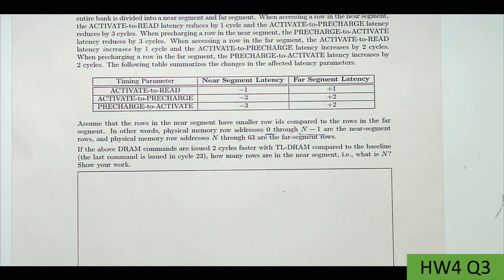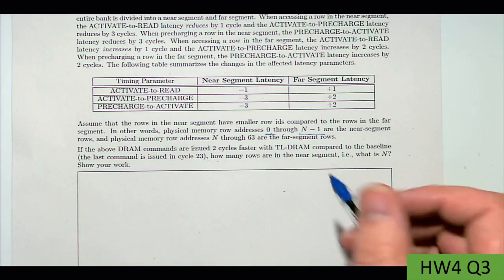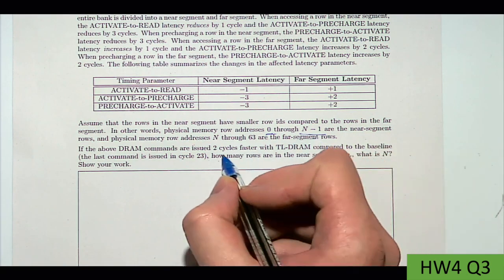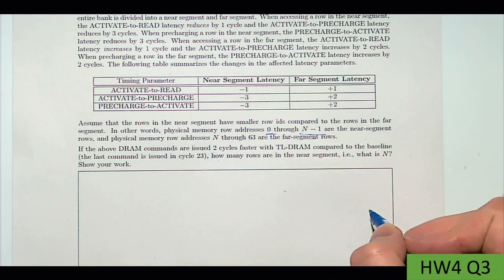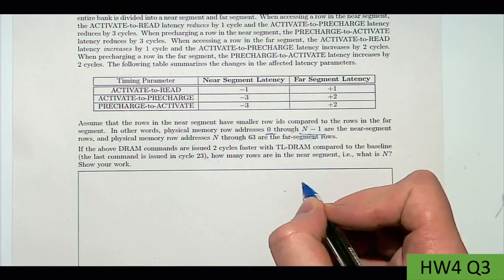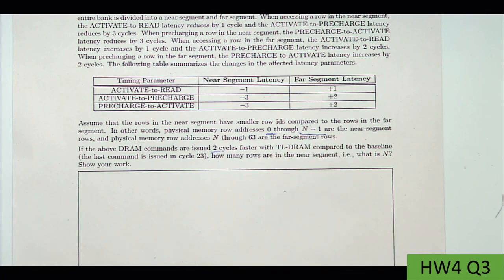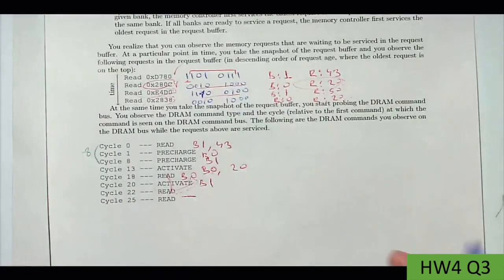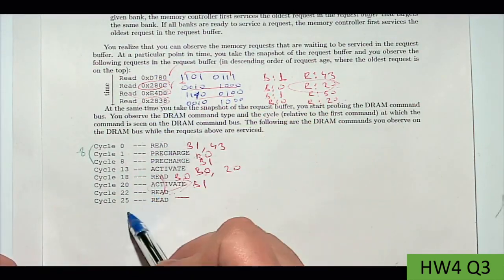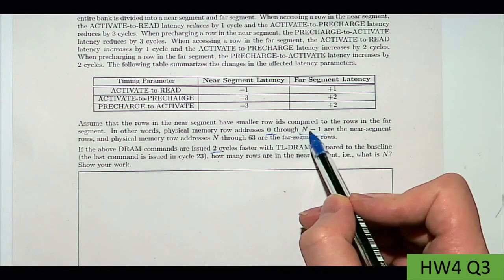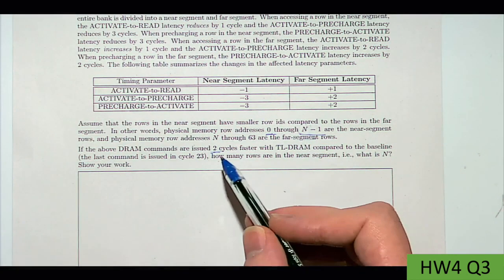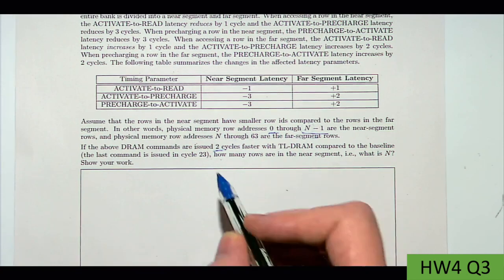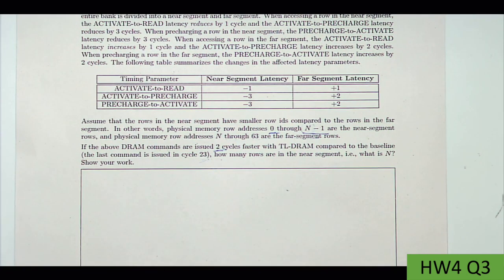We don't know what n is, and the rest are in the far segment. With some value of n, it saves 2 cycles in the overall execution time. Previously, we completed those 4 requests in 25 cycles. Now with TLDRAM, for some specific value of n, it completes 2 cycles earlier, in cycle 23. So we need to figure out what n is.